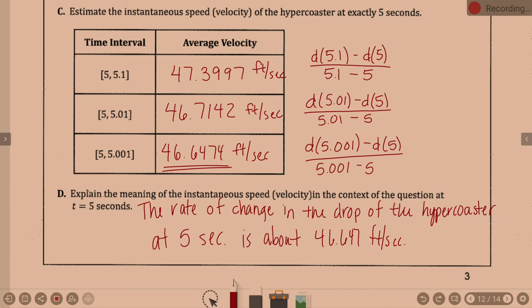So when they want you to explain the meaning, it's not just, oh, it's 46.647 feet per second.